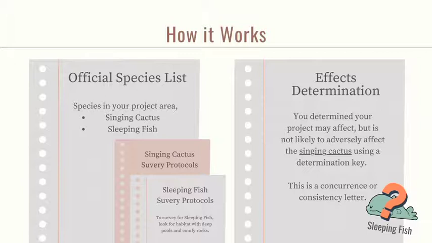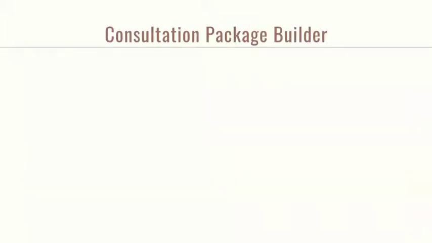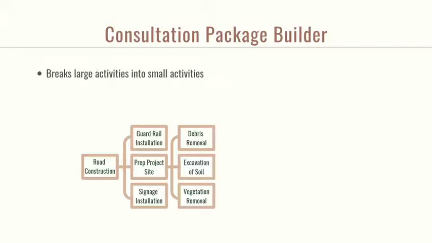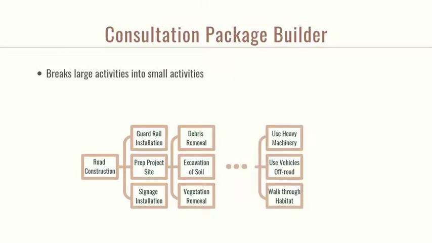So as I mentioned, there is another option to do that in IPaC, and that is called the consultation package builder. The way the consultation package builder works is that it breaks larger activities into small activities. So we're breaking down road construction into smaller and smaller activities until we get to activities that really can't be broken down anymore.